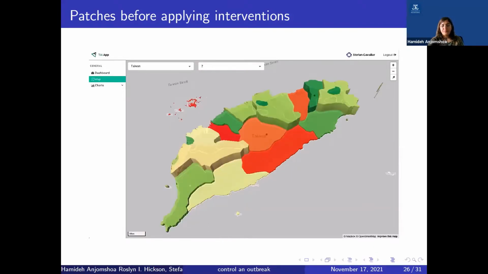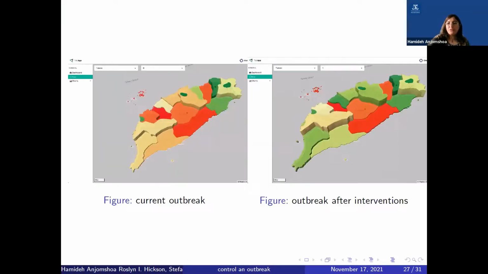So you can see clearly, on the left side, the current outbreak in Taiwan region at that time, based on our synthesized data. And after we apply the intervention, clearly we have more green region, but still some regions that are still red with the default budget that we chose.